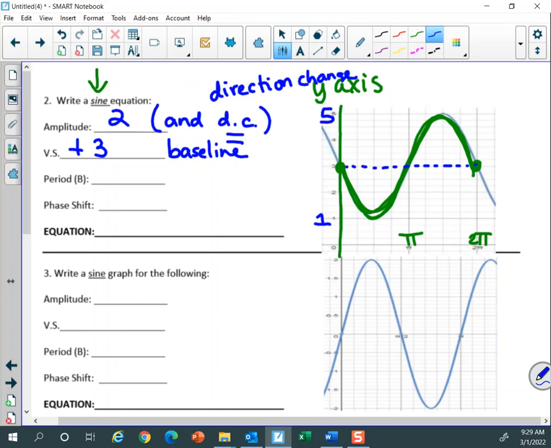Are you able to see those pieces? Okay. So if you have a sine, sines start on the baseline. A sine curve starts on the baseline, phase shift, none.